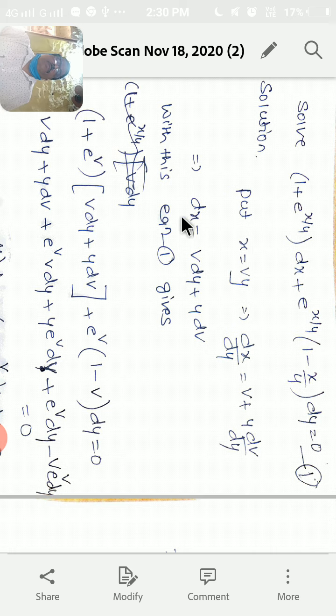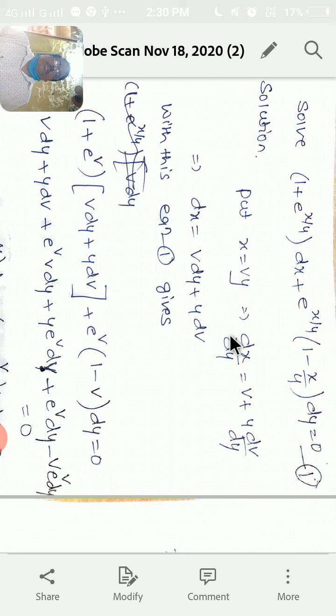Which implies dx is equal to, cross multiply dy here, which gives v dy plus y dv. Now with this the equation 1 becomes, wherever x is there substitute vy, and wherever dx is there substitute this value.